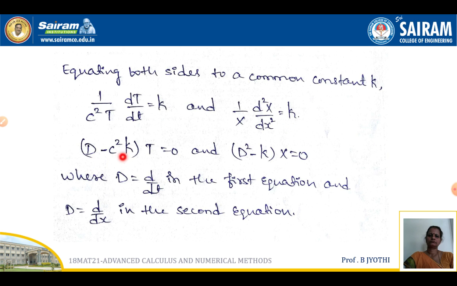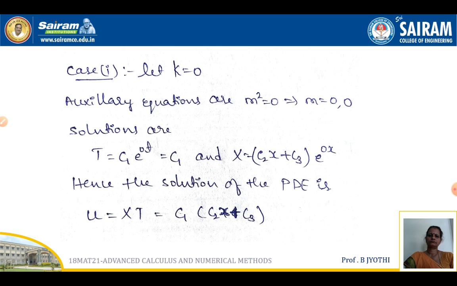So (D minus c square k) T equals 0, and (D square minus k) X equals 0, where D is d by dt in the first case and D is d by dx in the second case. Case 1, let k be 0. So the auxiliary equation is m square equals 0, which implies m equals 0, 0.